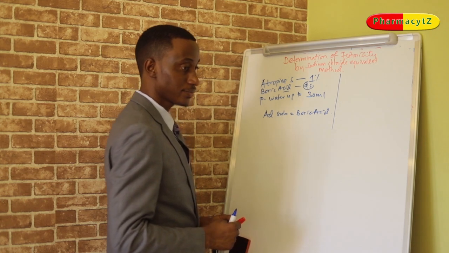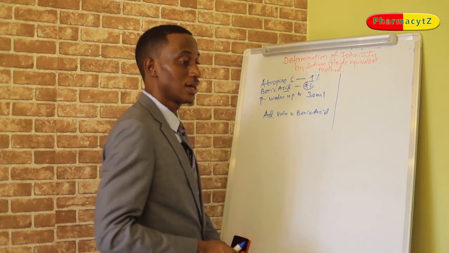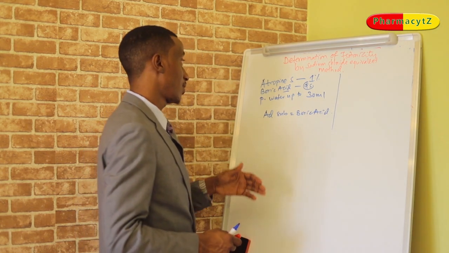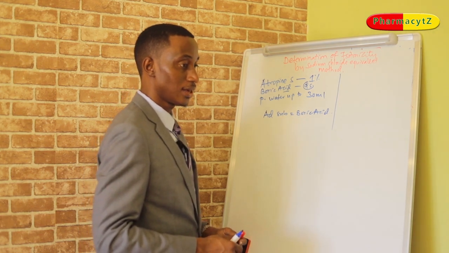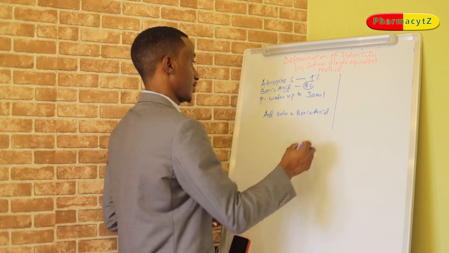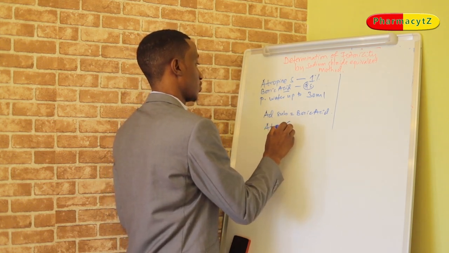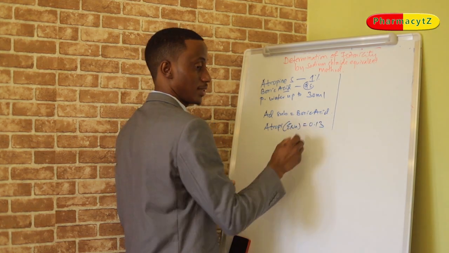But remember, first you need to understand the sodium chloride equivalent of atropine. The sodium chloride equivalent of atropine, when you check the table, is 0.13.